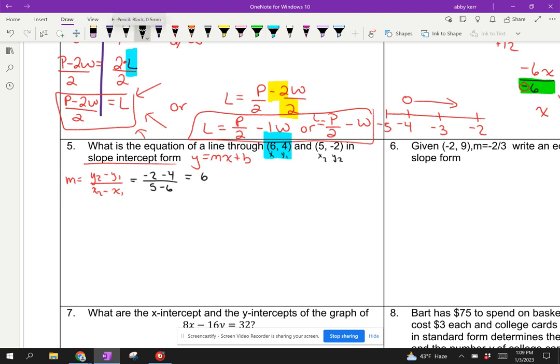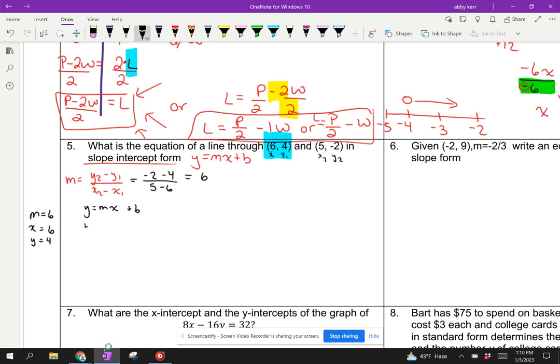Now this is what I call triple substitution. So our 6 was m. Our x is the one that I chose, is also 6. That is just a coincidence. And then the y is 4.